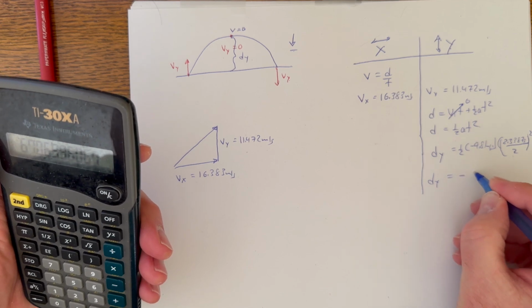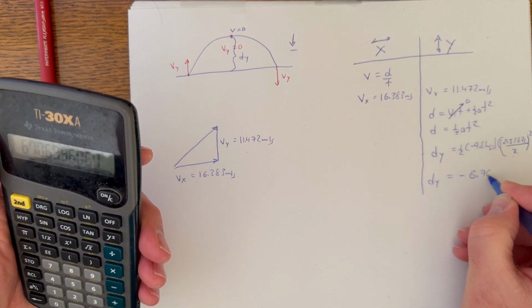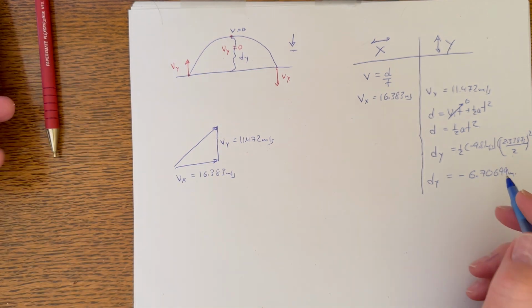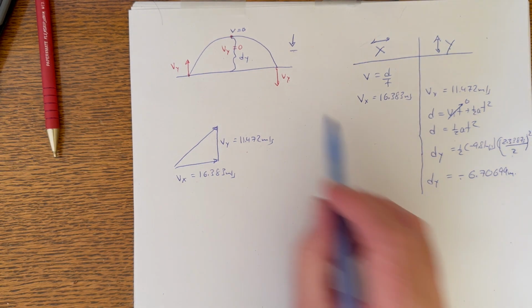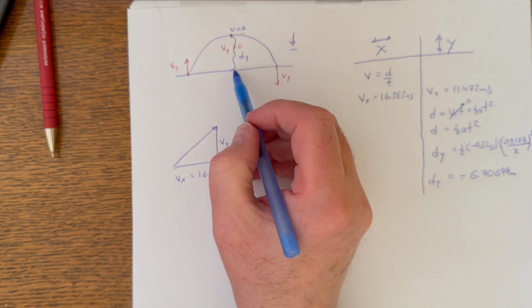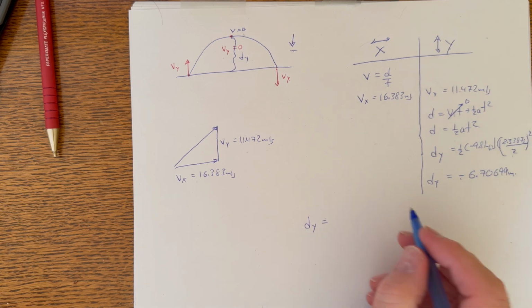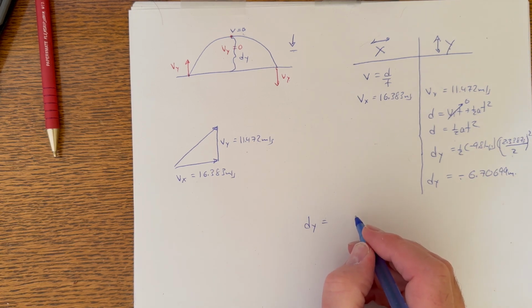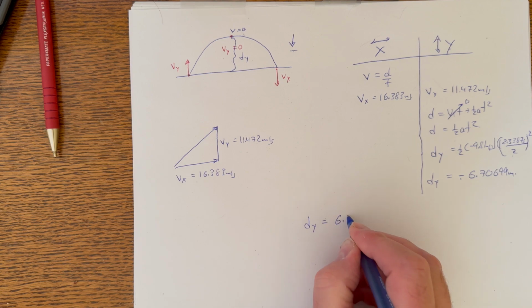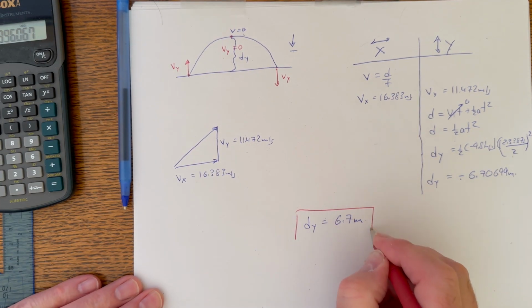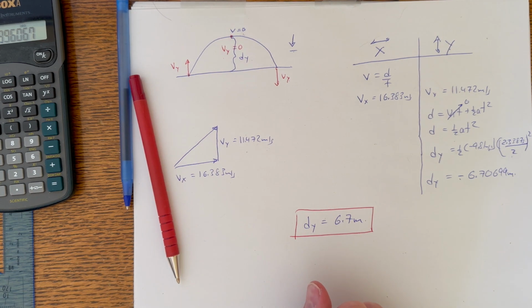It's going down 6.699 meters. There's a lot of digits there. It's going down. I don't really care about the down. When it came down, yes, but I want to know how high it came down from. So I'm going to say the altitude, the maximum height, in this case, 2 digits, is going to be 6.7 meters. Projectile motion, done.